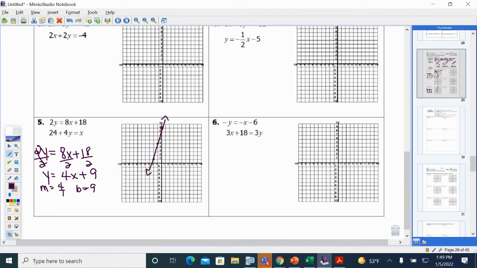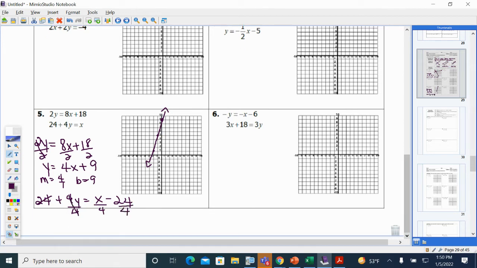For the second equation, 24 plus 4y equals x, I'm going to subtract the 24 and divide everything by the 4. And we're going to get y equals 1/4 x minus 24 divided by 4 is 6.